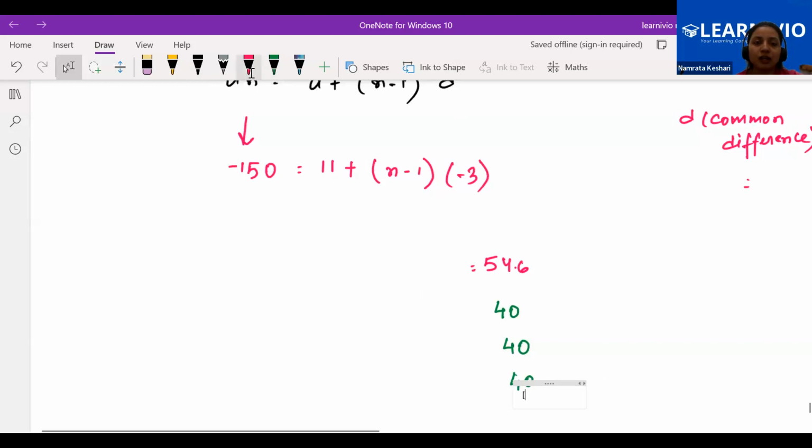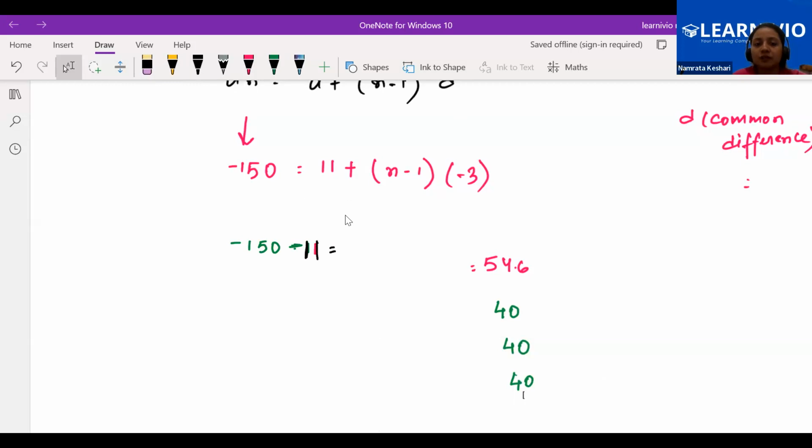Let's check. Now let's do it together. We are having minus 150 is equal to 11 is there. 11 we can transpose to this side. It will be minus 11 on this side.